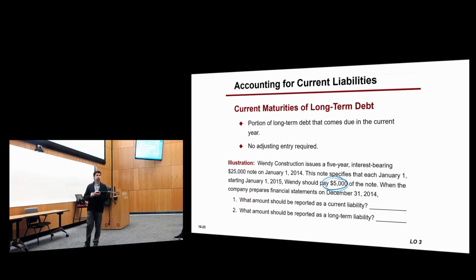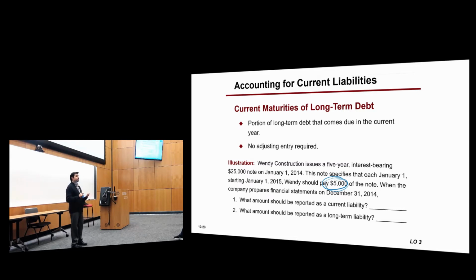So the first payment, is it current or long term? It will be due within 1 year. So will it be current or long term? Current. What about the other 4 payments? You have a total of 5 payments, right? The 4 other payments are long term.